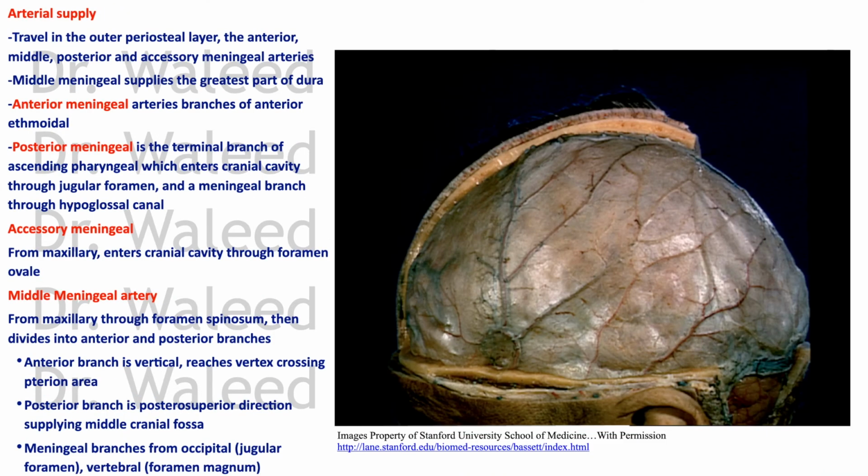It's very easy. The arterial supply, we said the major branch is the middle meningeal artery that enters through the foramen spinosum, and at the level of the pterion it divides into anterior vertical branch and posterior oblique branch to supply most of the dura actually.